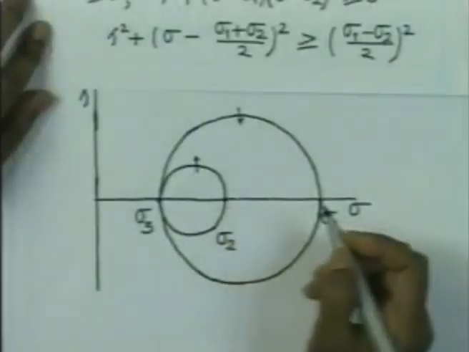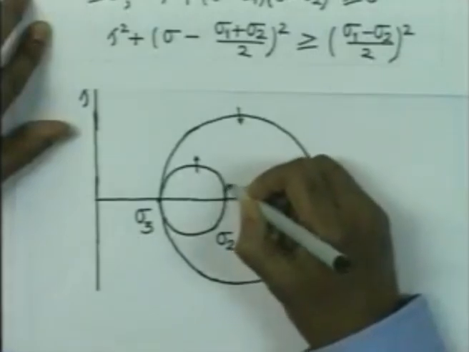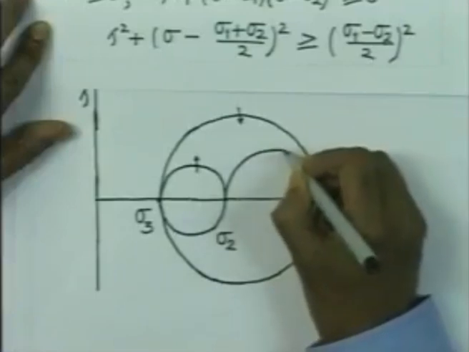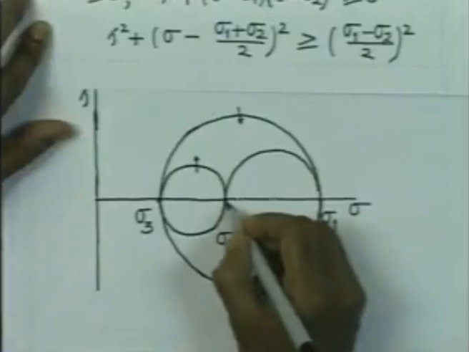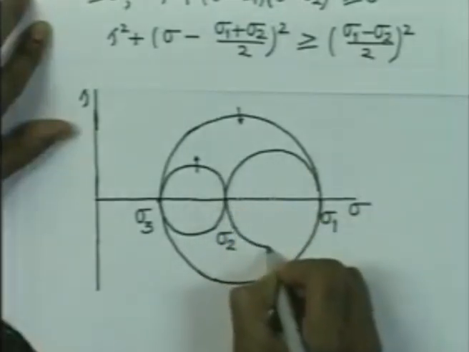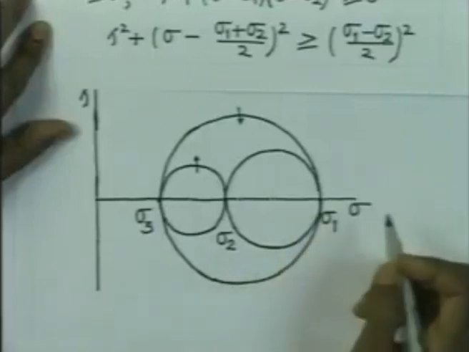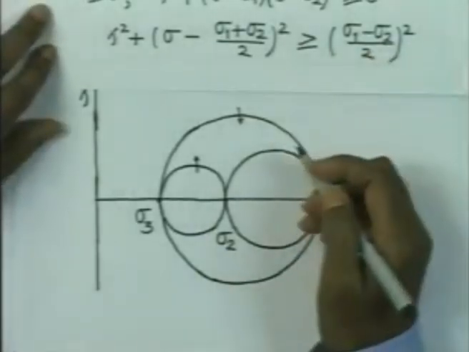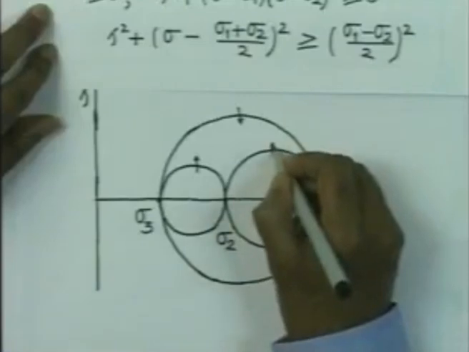So, this is the center of the circle, and then the circle which is going to give the dividing boundary is drawn with a radius of sigma 1 minus sigma 2 by 2. So, this indicates that all these stresses are going to lie on this circle or outside the circle.